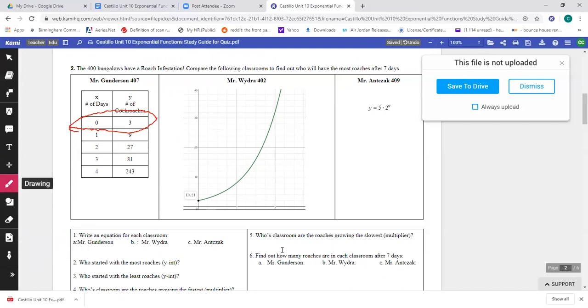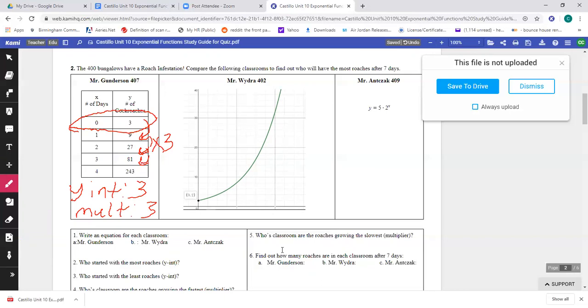So here, you see that I'm going from 3 to 9, 9 to 27, 27 to 81. My multiplier is, I'm multiplying by 3. Okay? So once again here, your y-intercept is 3, your multiplier is 3.